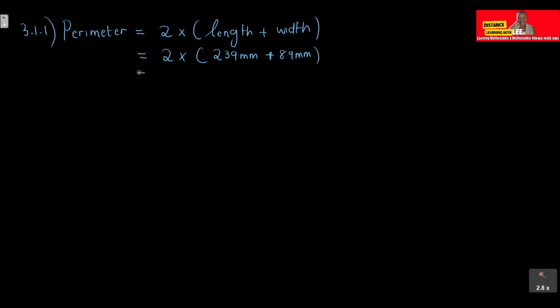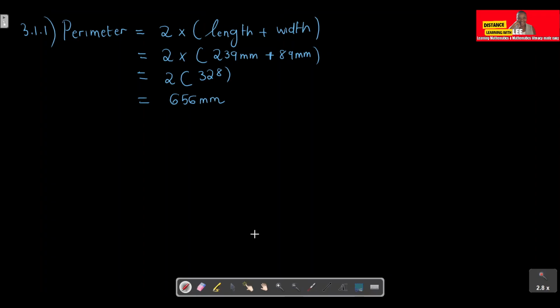If you punch that into your calculator, 2 times the 239 plus 89, the bracket is equal to 328. The bracket just means we need to multiply. So 2 times 328 will give you 656 millimeters.